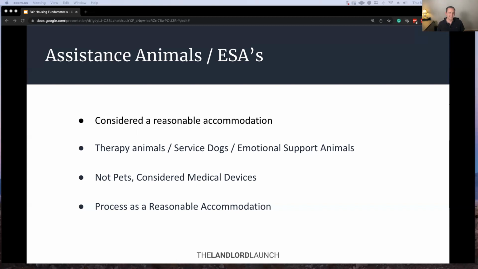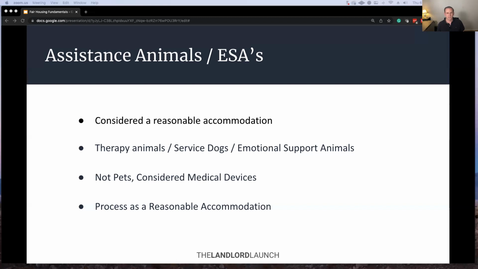So when we talk about assistance animals, that's kind of the overarching header column, for lack of better words, that encompasses all the different things like in the ADA and the FHA that revolve around animals and making exceptions and reasonable accommodations. The first one's therapy animals. Now, therapy animals, actually, they're included, they're talked about, but they really don't have any protections.